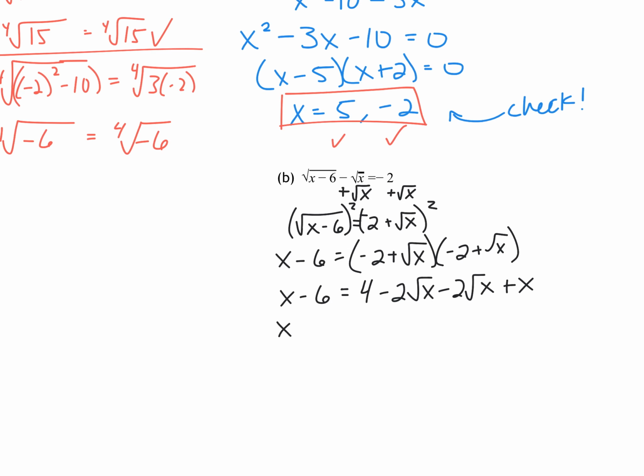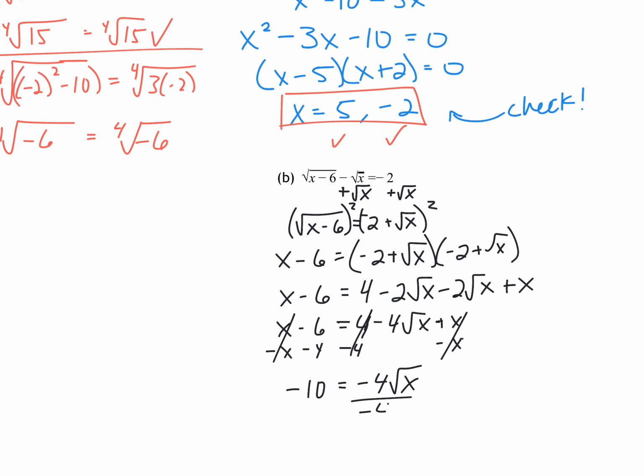So x minus 6 equals 4 minus 4 radical x plus x, and then we're going to re-isolate the only radical we have remaining. So I'm going to subtract x, and I'm also going to subtract 4. So those x's cancel. 4 cancels, and I get -10 equals -4 radical x.